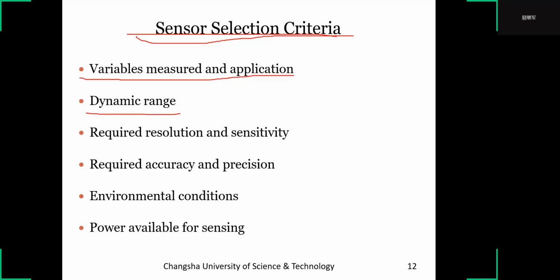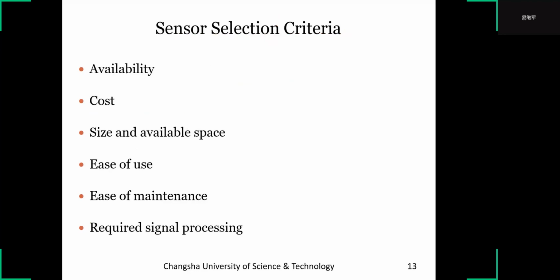These are the criteria for selection. Also availability, cost, size and available space, ease of use, ease of maintenance, and required signal processing.